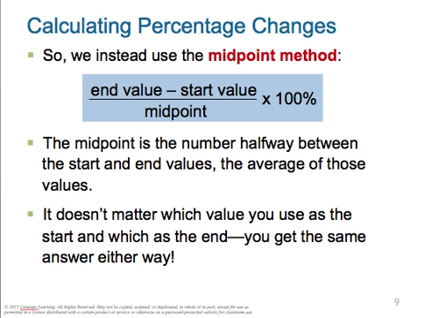So if you remember in our previous example, the start value was 200 and the end value was 250. The midpoint would be 225. It doesn't matter which value you use as the start and which is the end, you get the same answer either way. So this deals with that cumbersome problem of where you start, whether you go from B to A or A to B.